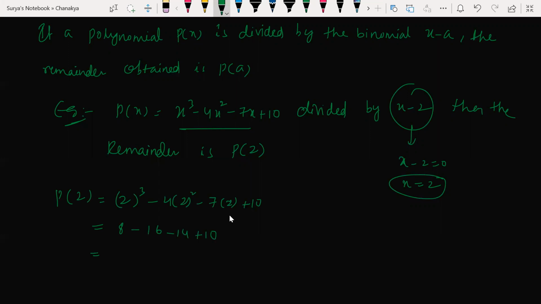So how much do you get here? Minus 12. This is your remainder. By using the remainder theorem you can find the remainder very easily. Hope you got the point.